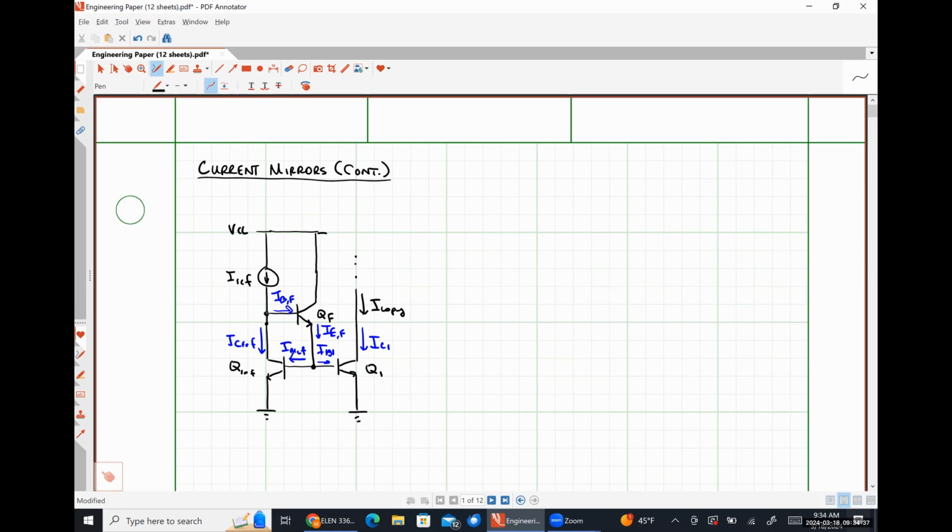And the emitter current is literally just supplying base currents to Qref and Q1, which means the base current IBF is going to be very, very small because the current needed for these base currents combined is also very, very small, right? So a simple current amplifier is going to take care of this. Great.